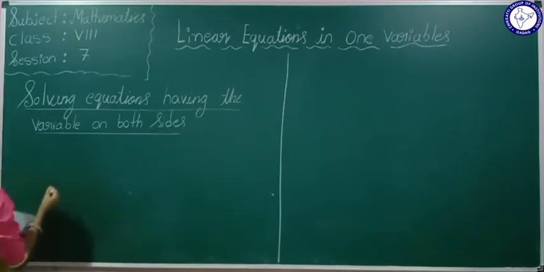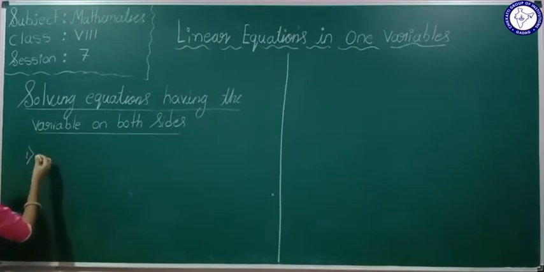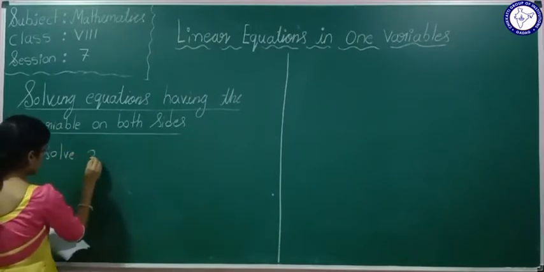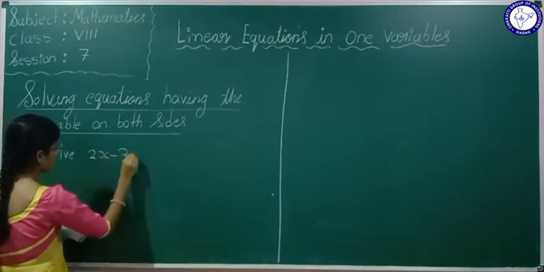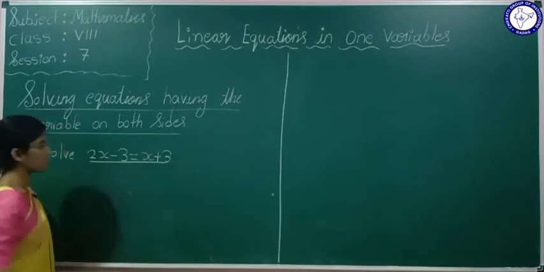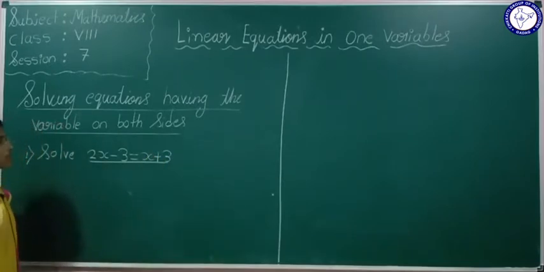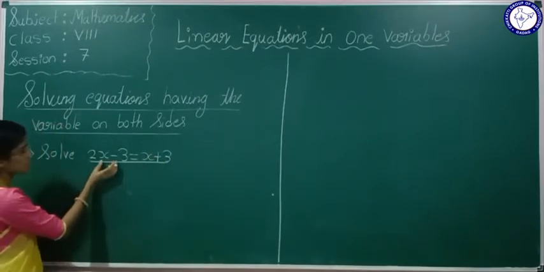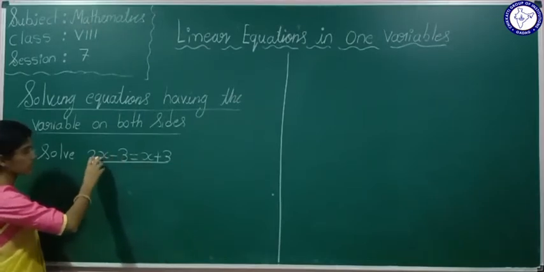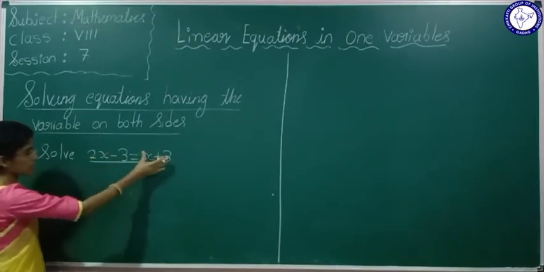See your first one. Solve 2x minus 3 is equal to x plus 3. This is one equation, right? Here variables are there on both the sides.